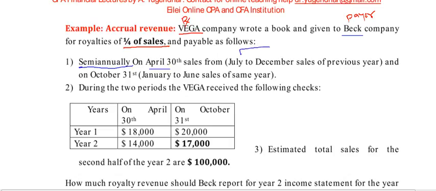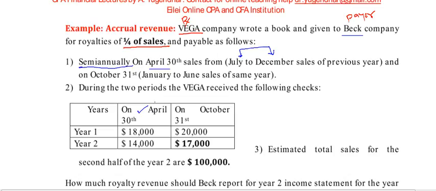They calculate royalty on the sales of July to December and pay in April. So in this financial year, we receive on 30th April the royalty related to the previous year's sales.